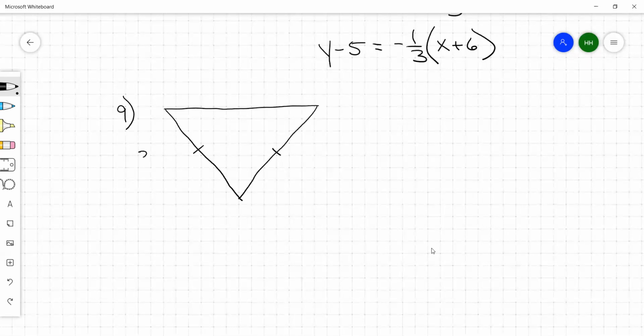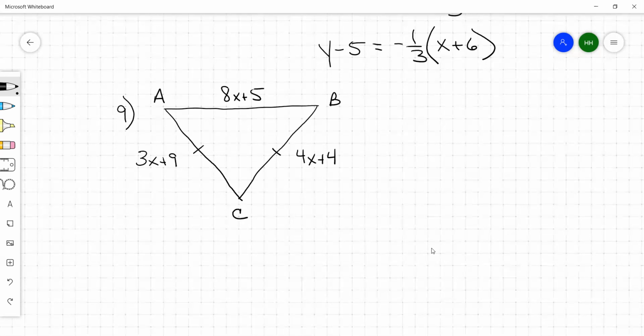You got a 3x plus 9, a 4x plus 4, and an 8x plus 5. We got sides, or vertices A, B, C. AB is the longest side. BC equals CA equals, find A to B.